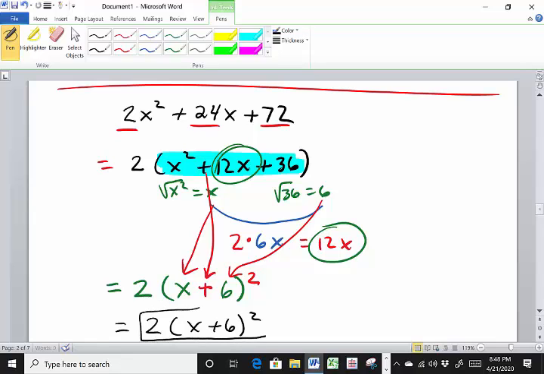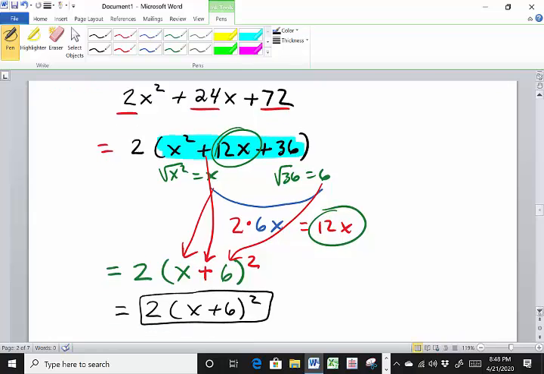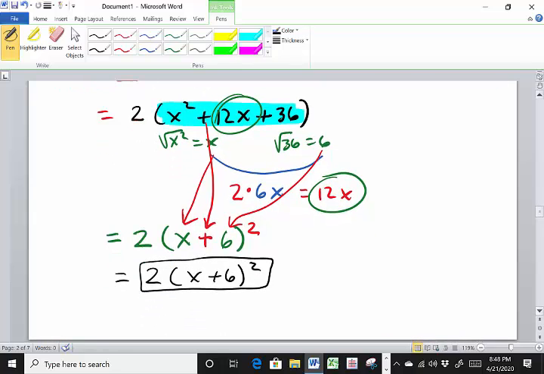Now, if you wanted to check yourself, in fact, let's do it. So let's put down here, check. So that's 2 times, well, we have to do the squaring first. So remember, you square the first, x squared. Multiply the x times 6 together, you get 6x, double it, you get 12x.